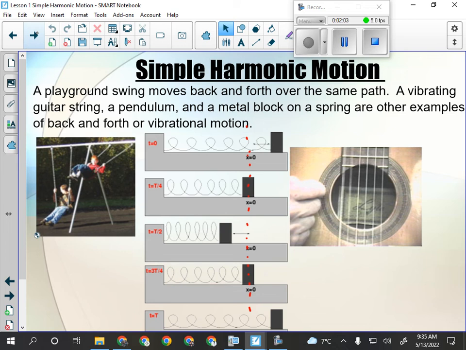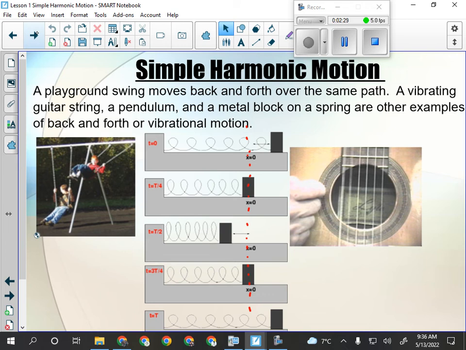A vibrating guitar string, another example of simple harmonic motion. When you pluck it, it vibrates back and forth. And it produces a sound. In fact, all musical instruments are going to employ something vibrating in order to make sound. If you play anything that has a reed in it, the reed vibrates when you blow across it.